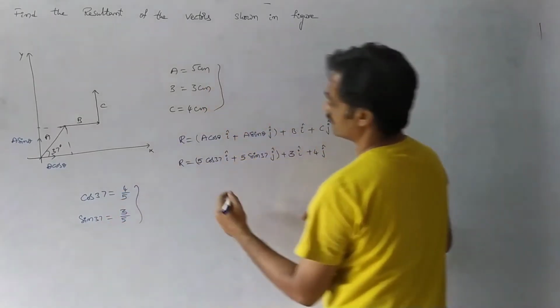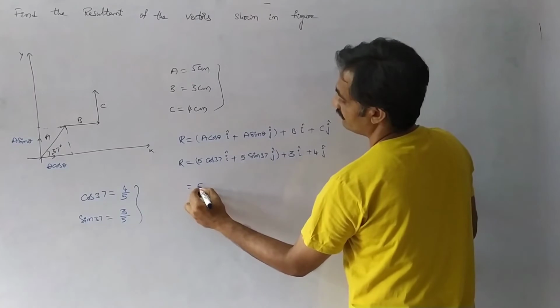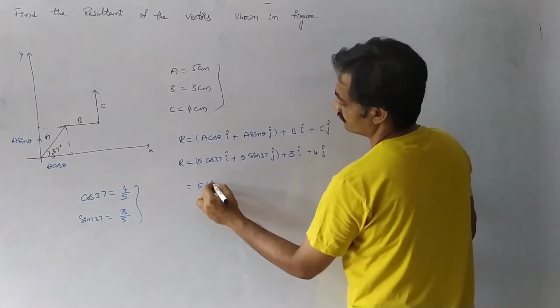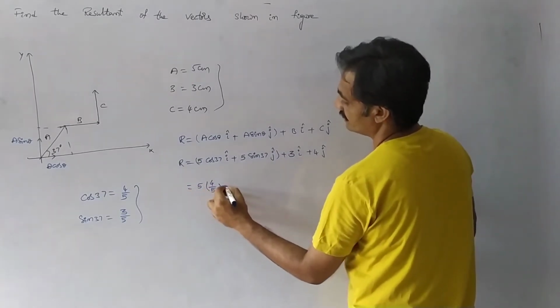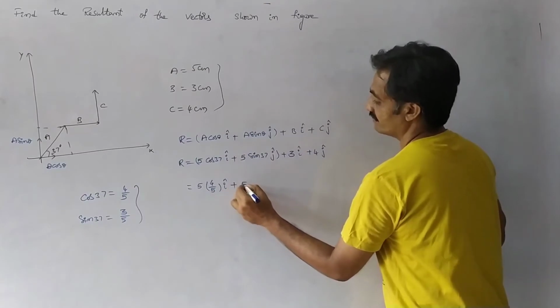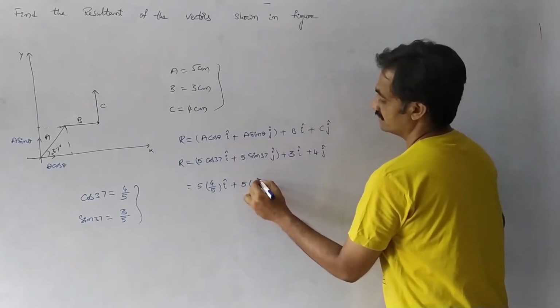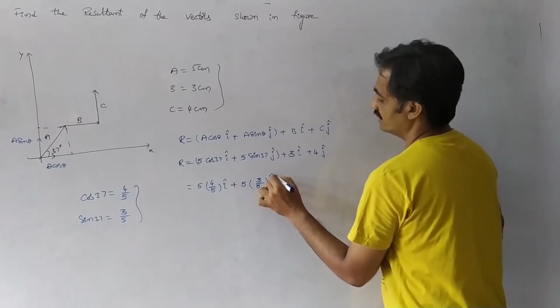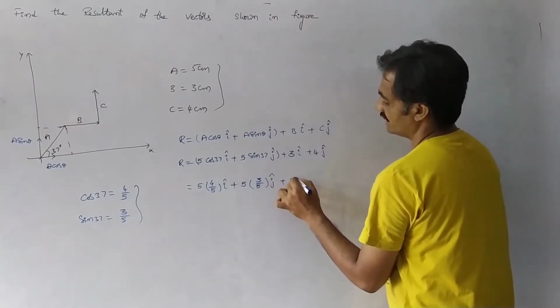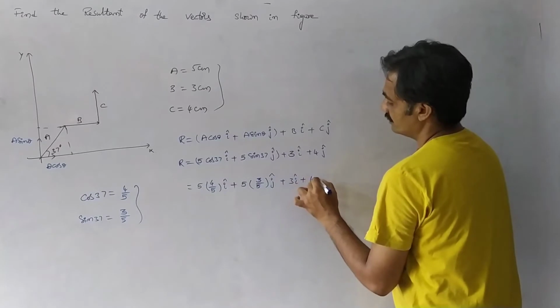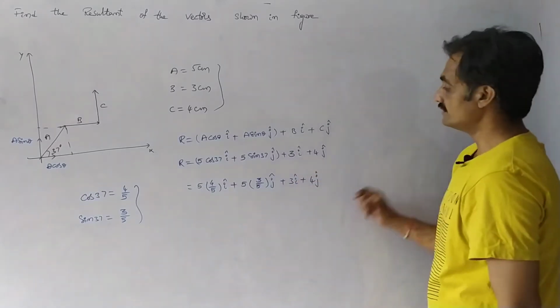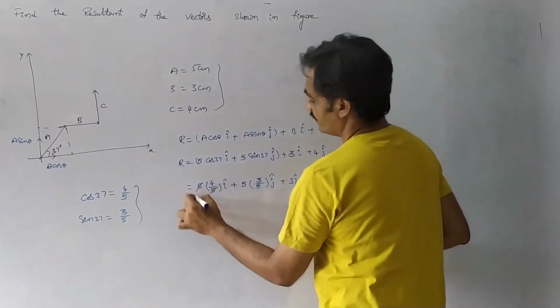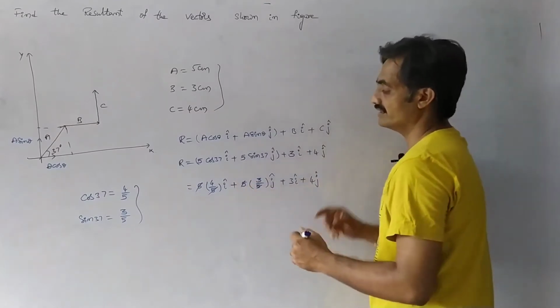So if you substitute these values, here we have 5 into cos 37, which is 4 by 5, into I cap, plus 5 into sin 37, which is 3 by 5, into j cap, plus 3 I cap plus 4 j cap. Now 5 and 5 get cancelled, and here also 5 and 5 get cancelled.